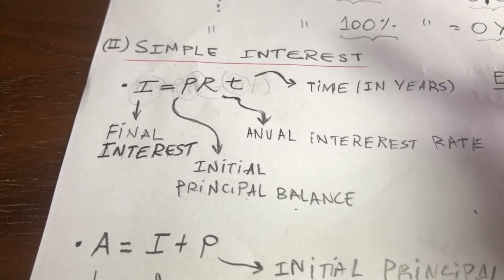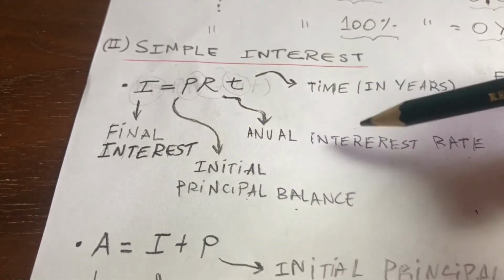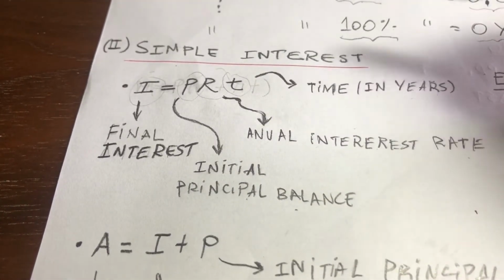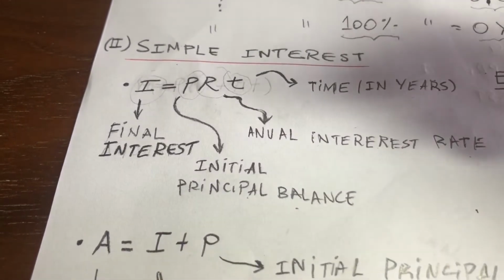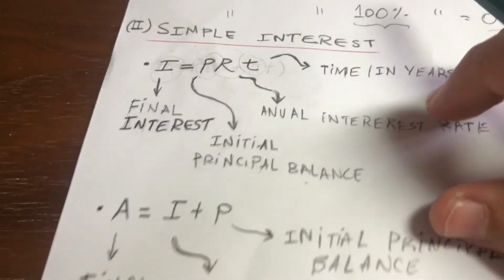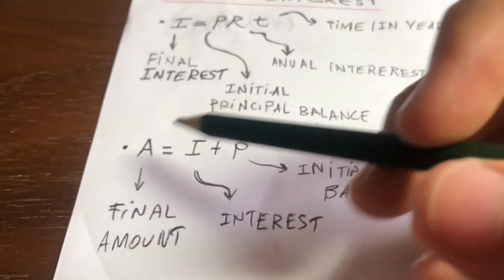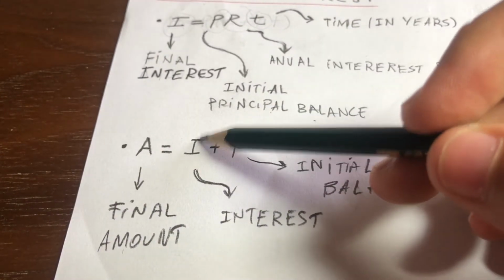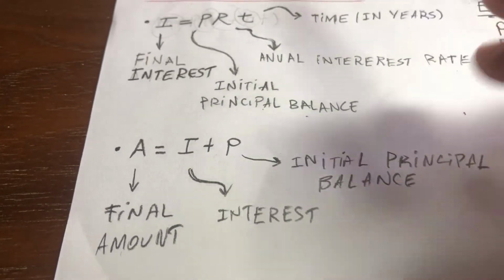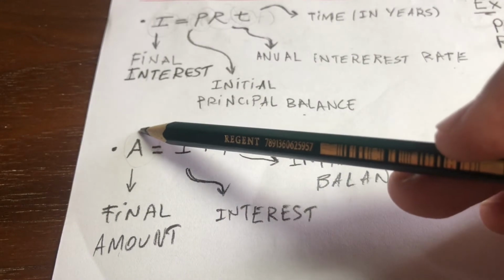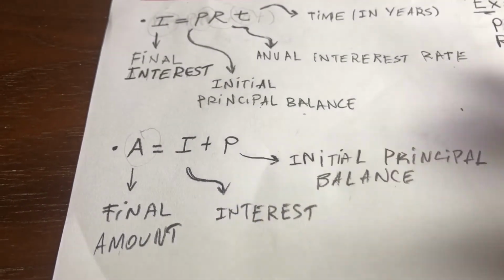Take care. If you have, for example, 6 months, time is not equal to 6. Time is equal to 0.5, because that's half of a year. So our final amount is going to be our interest plus our initial principal balance. What is our final amount? It will be the amount that we would pay the bank.